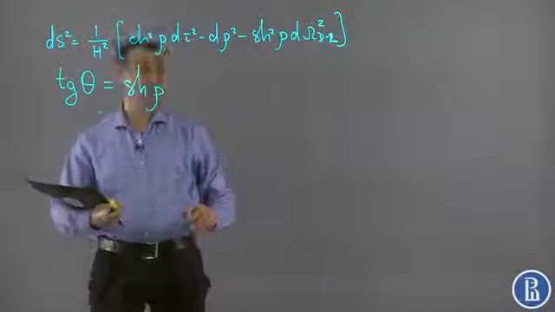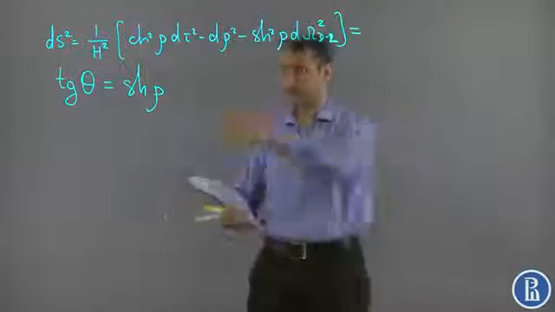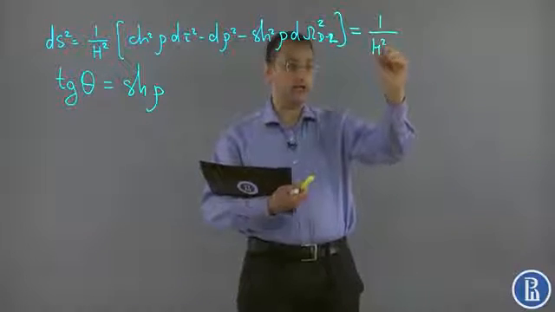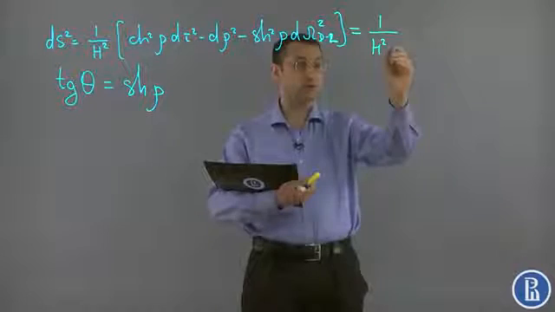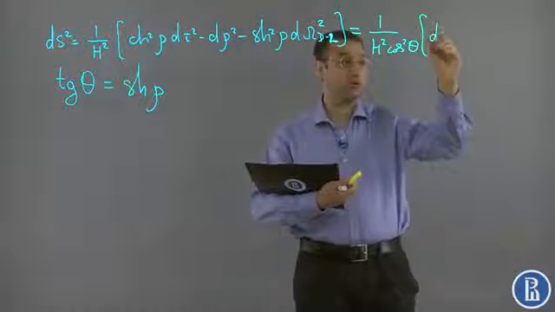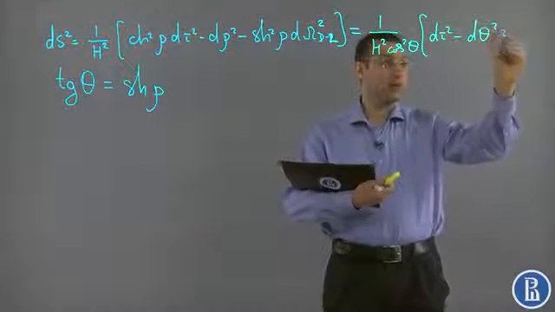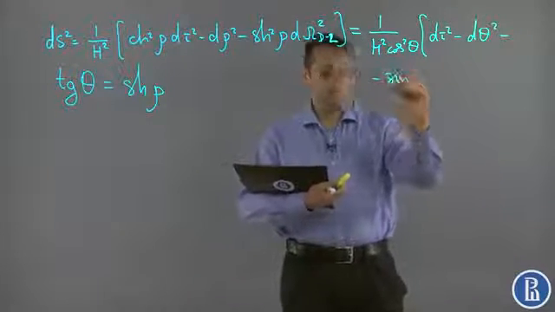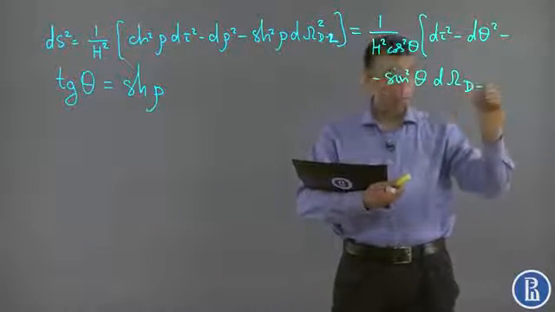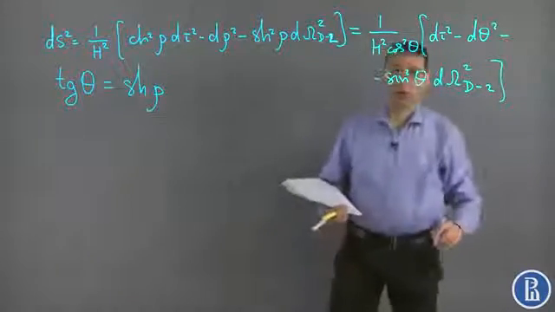And as a result, after this change, we get the following metric: h squared times cosine squared of theta times d tau squared minus d theta squared minus sine squared of theta d omega_{d-2} squared.